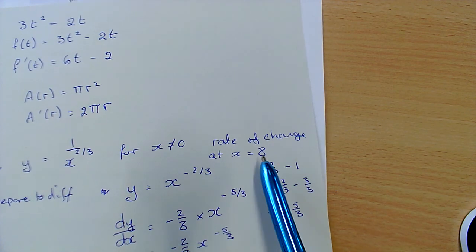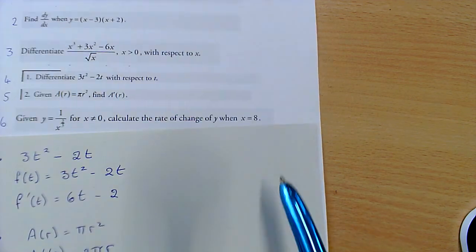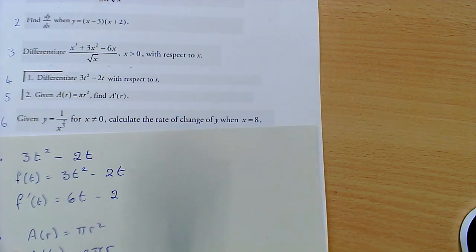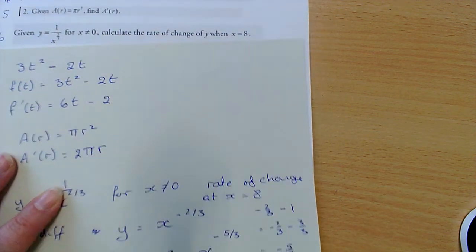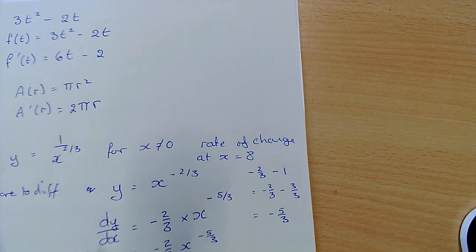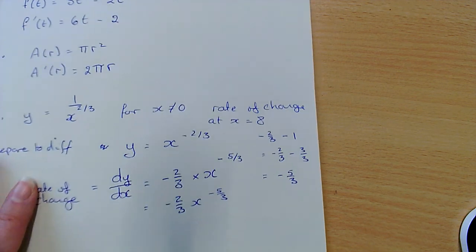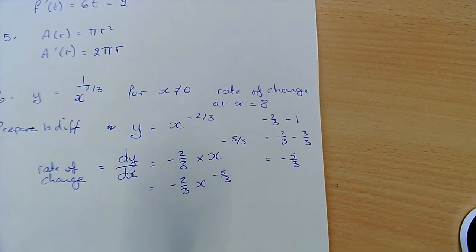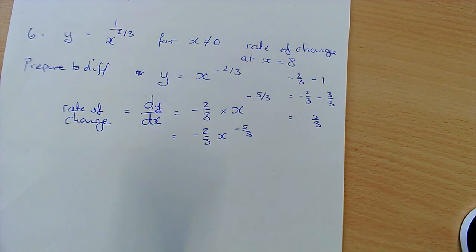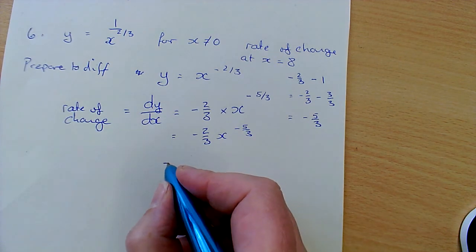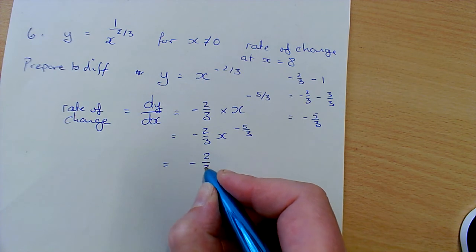Now, we weren't just asked to find the rate of change, we were asked to find the rate of change when x equals 8. So we've done the differentiating, that gives us the rate of change. So now we have to look at preparing to substitute, because you probably don't want to substitute into it in that form. So let's turn it into something a bit more comfortable.